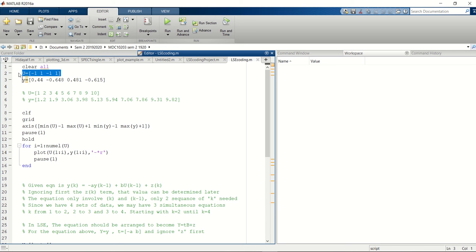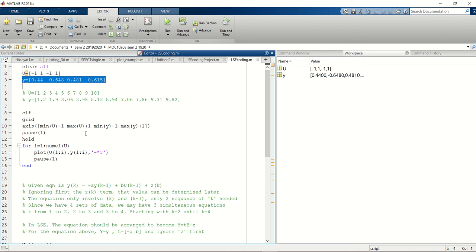The second line, I use F9. Okay, F9. So in our workspace appears the matrix of U. So these are the values. And then if we run the third line, we have the values of Y.